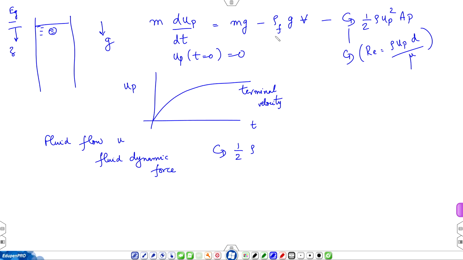See, in buoyancy it is fluid density. In the definition of C D also it is fluid density. But the particle will have its own density that will determine its mass.